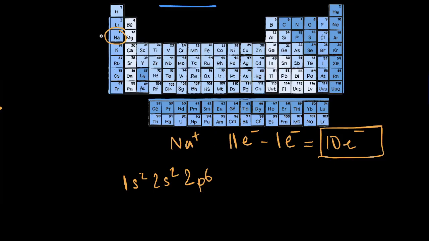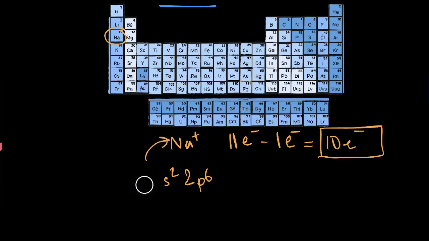You may think that we would go down here and just do a 3s1, and this would be incorrect because this is the electron configuration for sodium, not the sodium ion. The sodium ion, as you remember, has 10 electrons. This here accounts for 2 plus 2 plus 6 plus 1, that is 11. And so the electron configuration for our ion will then just be 1s2, 2s2, 2p6. This is the electron configuration for our sodium ion.